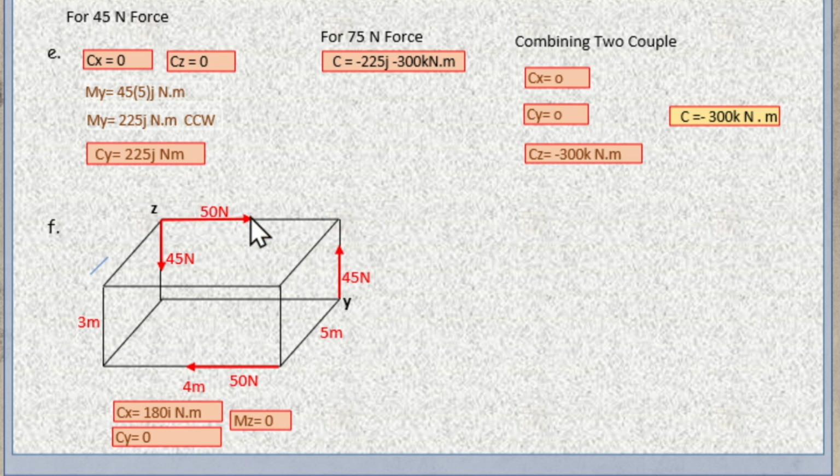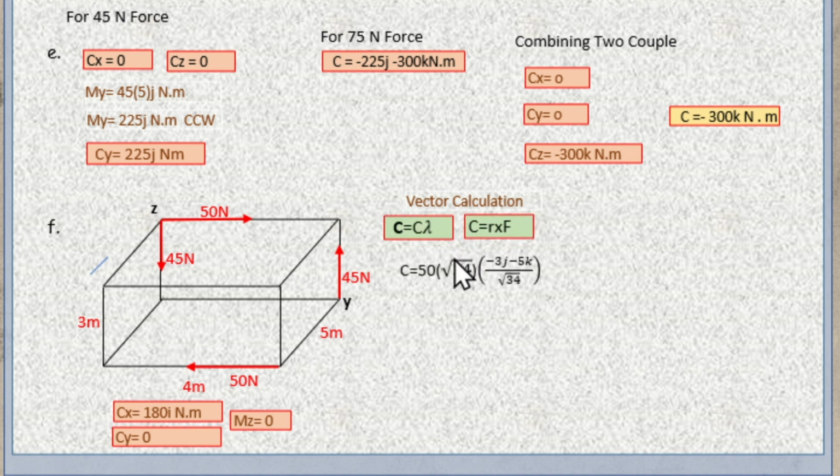For the 50 Newton force, as we can see, this force is something like this. We are going to solve it using vector calculation. This is the formula that we will need. Applying this formula, we have force 50 Newton. Our R is the square root of 34. How does that happen? Looking at this one, I connect this tail to the direction of this force.